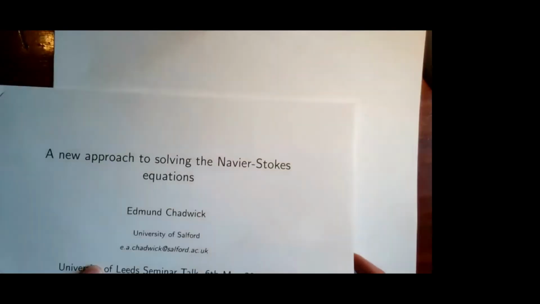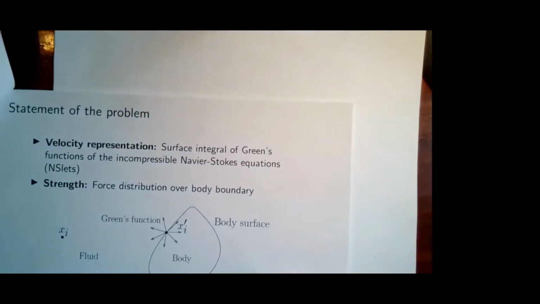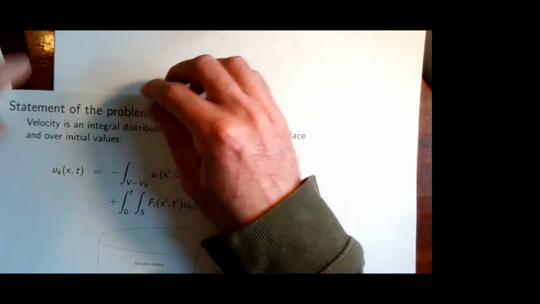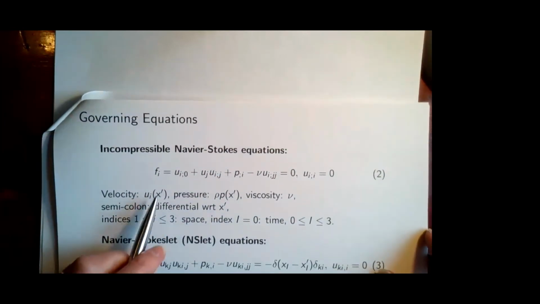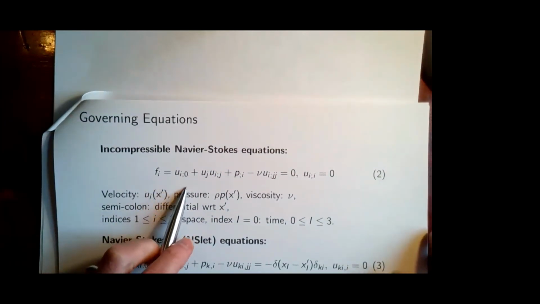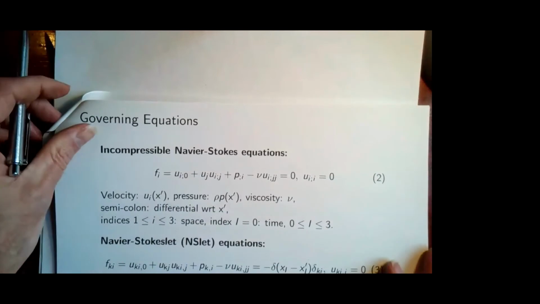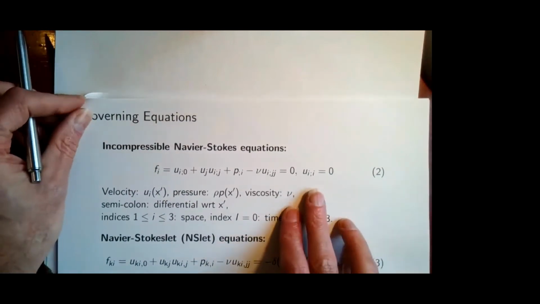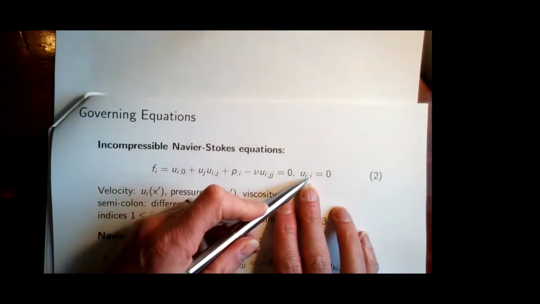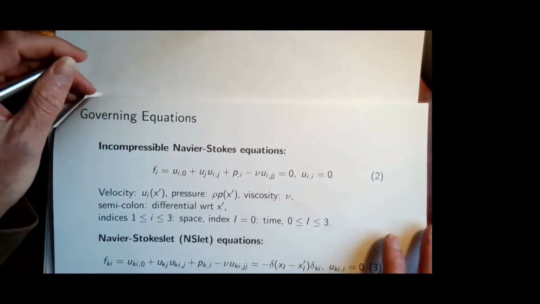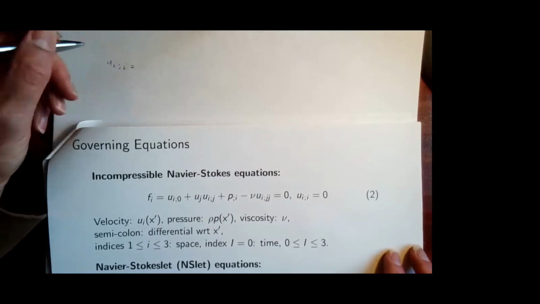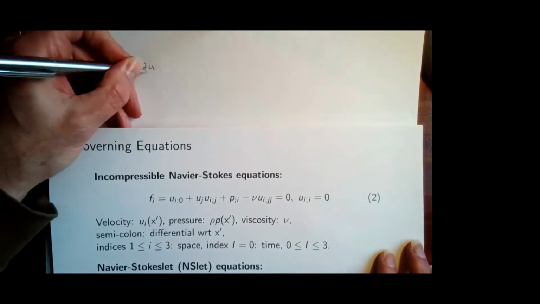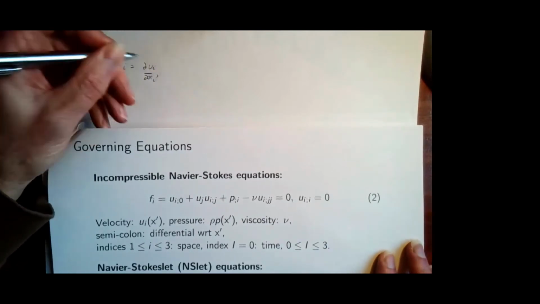Okay, so it's these equations here, and I'll just briefly describe what these mean. So for example, ui semicolon i there, I can just write that out. That's ui semicolon i, that's shorthand for dui by dxi prime.